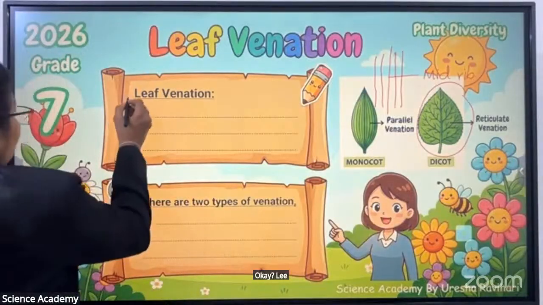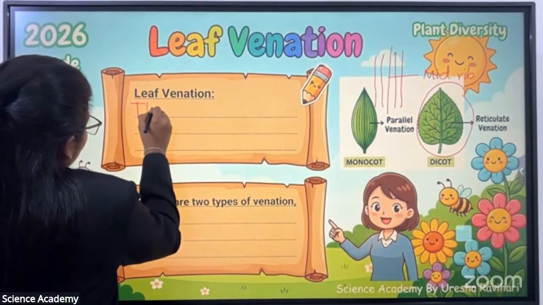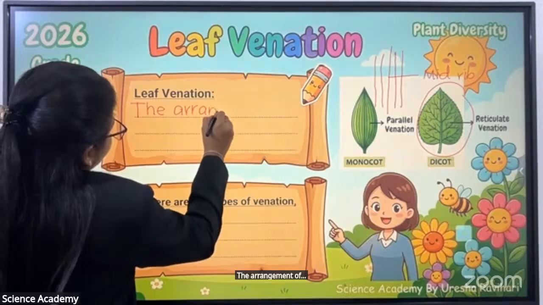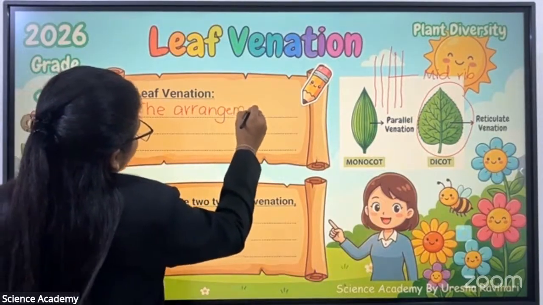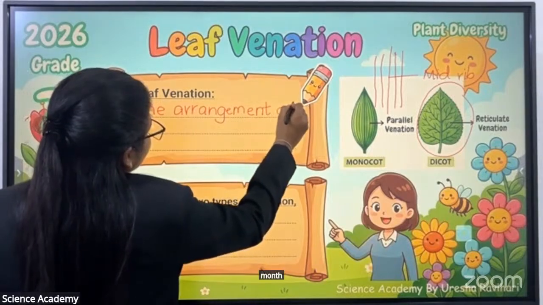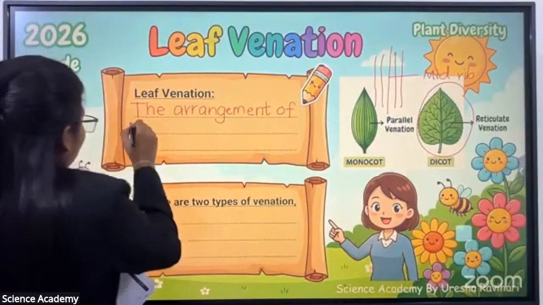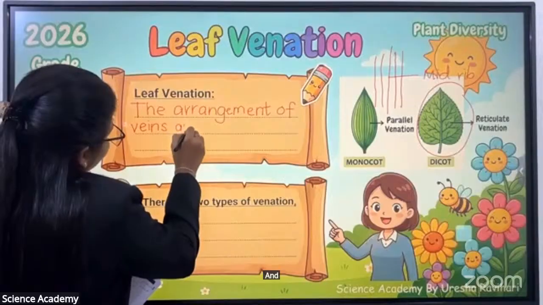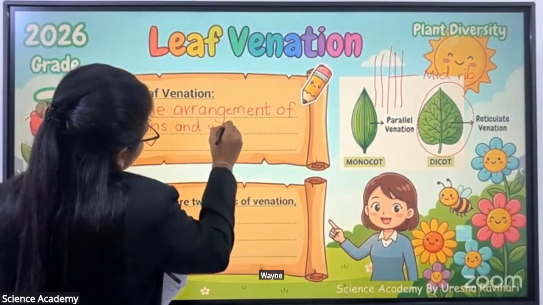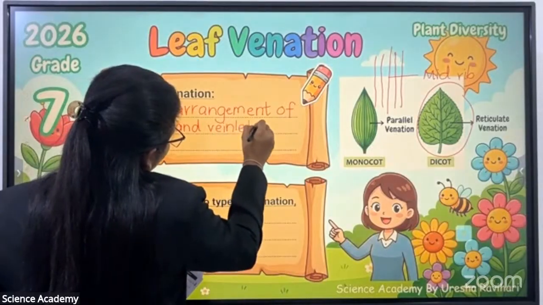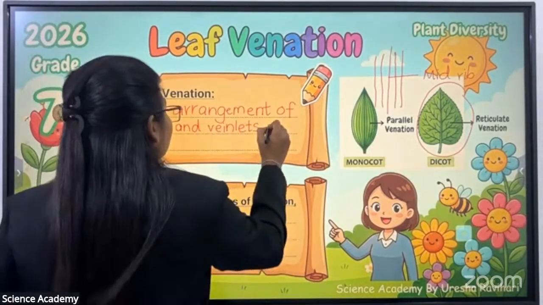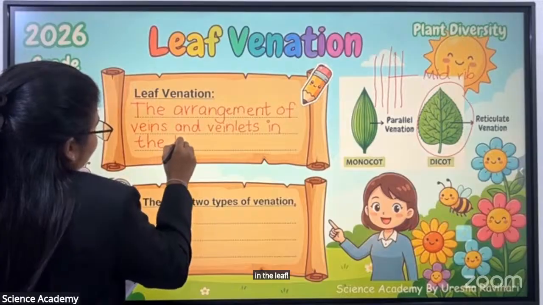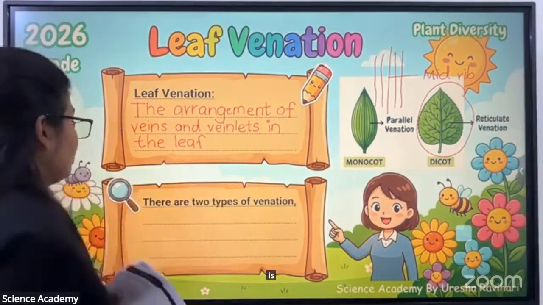Leaf venation: the arrangement of veins and veinlets in the leaf is called venation.